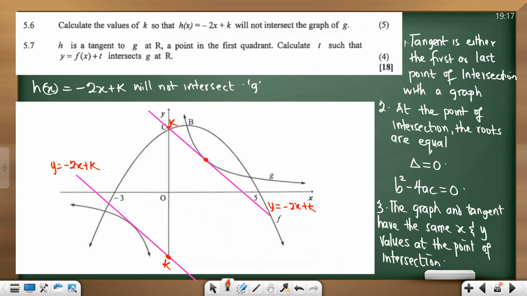These points are known as the point of intersection. What do we do at the point of intersection? We equate. And when we equate, discriminant must be equal to zero. So let's equate. Do we have our g of x? Yes. We have our h of x? Yes.